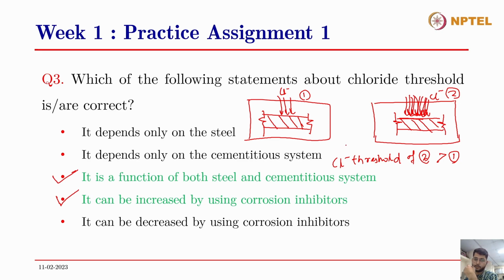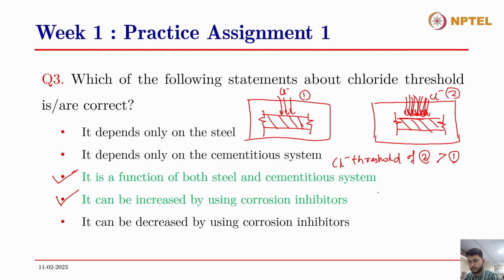And so this is what chloride threshold is. Once the passivating film of the rebar is broken, as you might have seen in the lectures, it is prone to corrosion now.